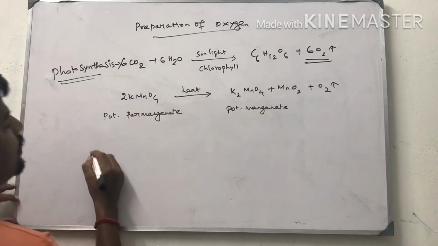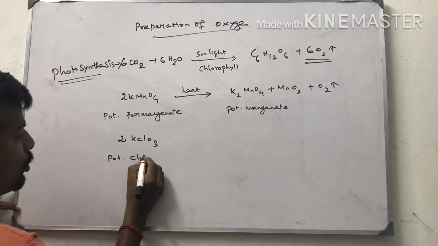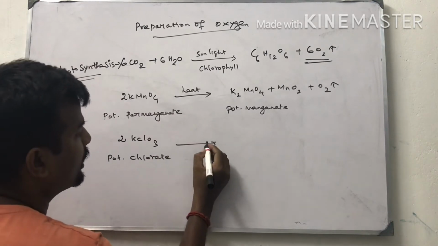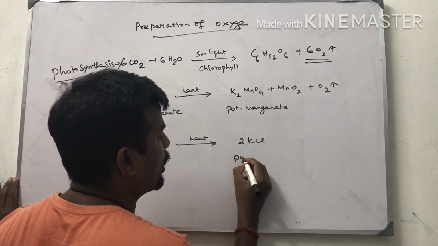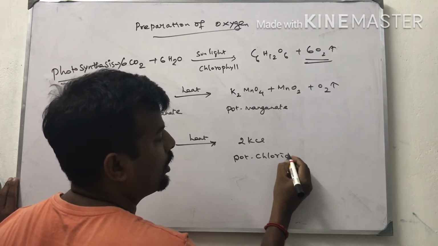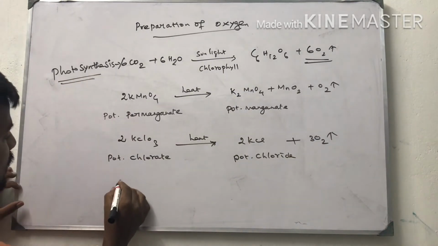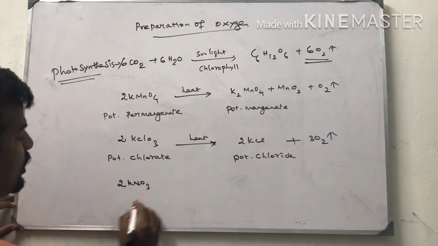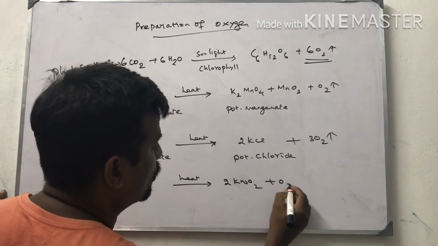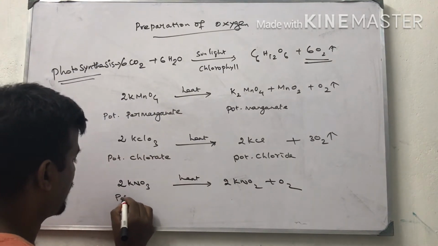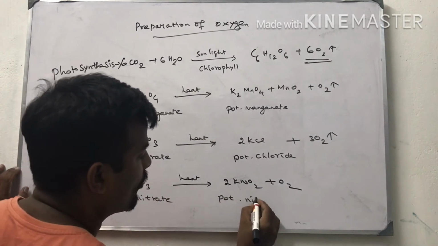Next, it is prepared from KClO3, potassium chlorate. On heating, it will give 2 KCl, potassium chloride, plus 3O2 gas. Next one is potassium nitrate, KNO3. On heating, it will give 2 KNO2 plus O2, that is potassium nitrite.